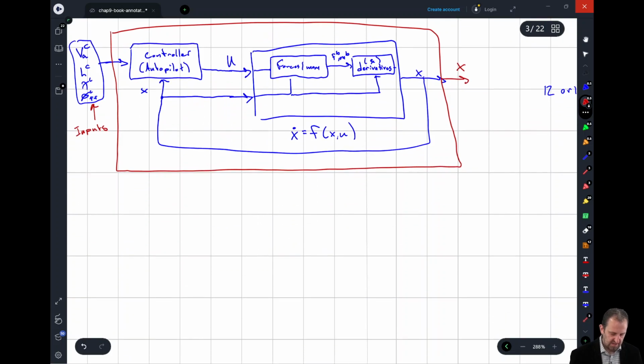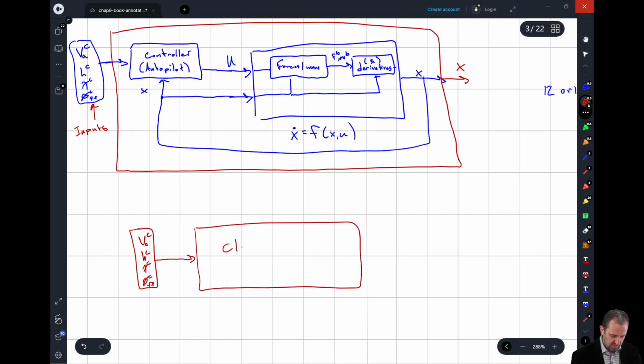And now this looks like a closed loop system. Or actually, we're going to treat it like an open loop system where we have our inputs VA command, HC, and our course heading commanded. We have this closed loop system. And then we get our state x out.